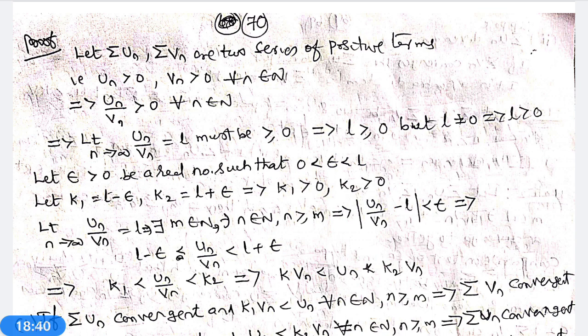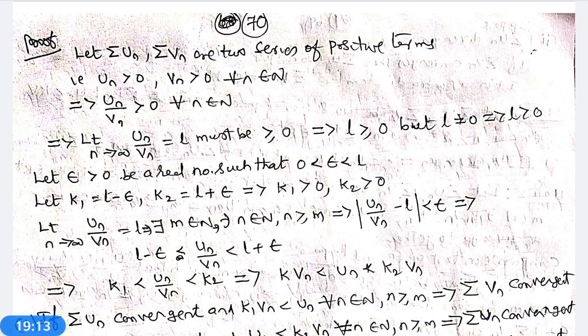If sigma un convergent and k1 vn less than un for all n belongs to N, n greater than or equal to m, implies sigma vn convergent. If sigma vn convergent and un greater than or equal to k2 vn for all n greater than or equal to m implies sigma un convergent.